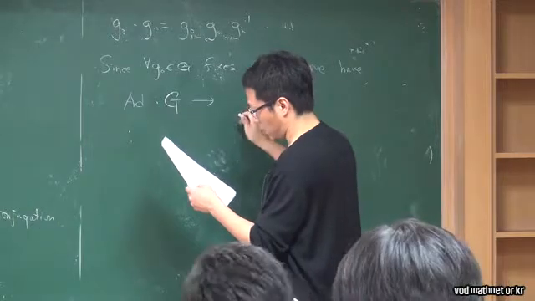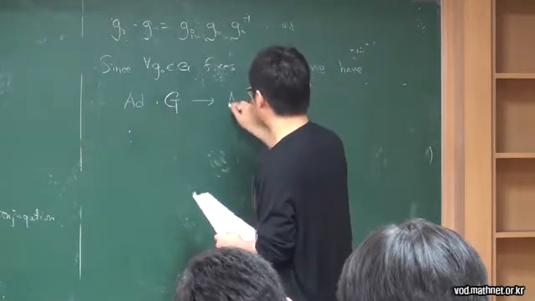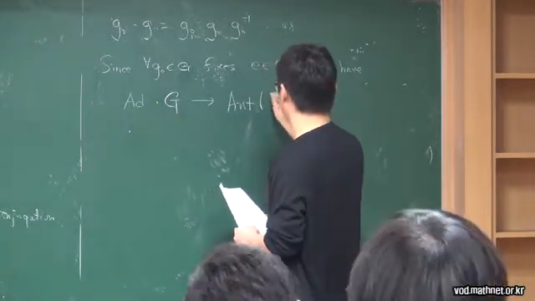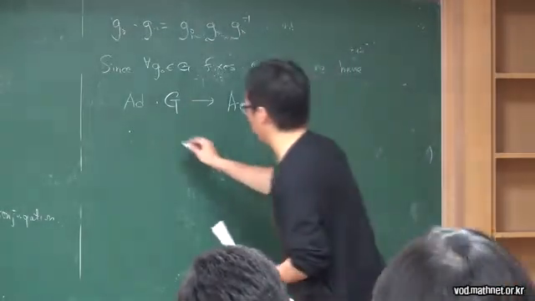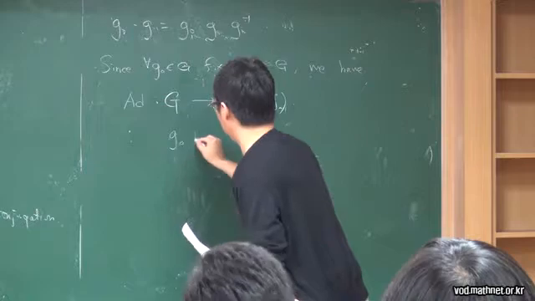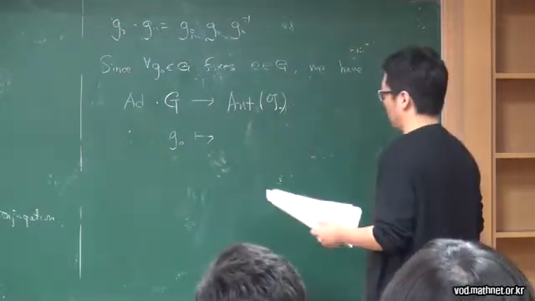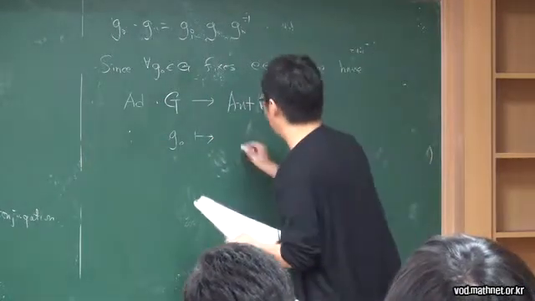The representation space is the Lie algebra. So g0 maps to dg.